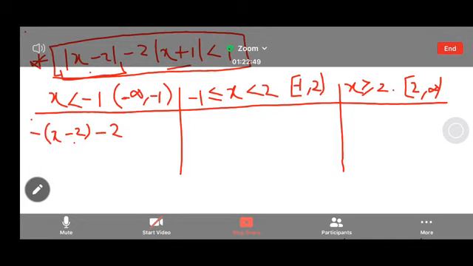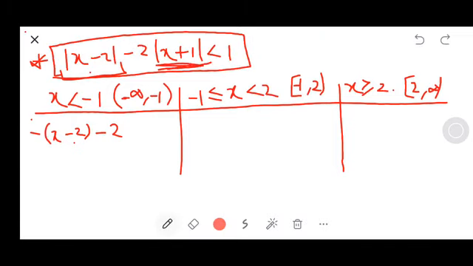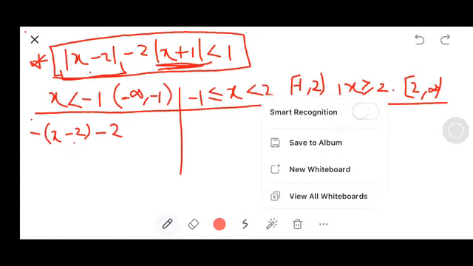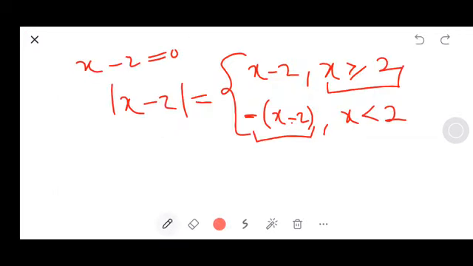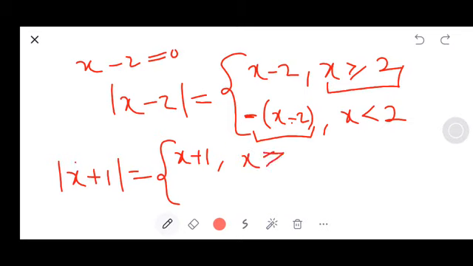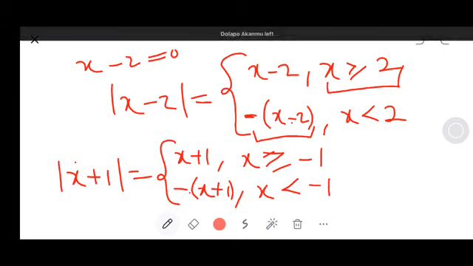So we are considering x plus 1 now, in the region x is less than minus 1. How did we define absolute value of x plus 1? Absolute value of x plus 1 is positive x plus 1 when x is greater than or equal to minus 1, and it is negative when x is less than minus 1.